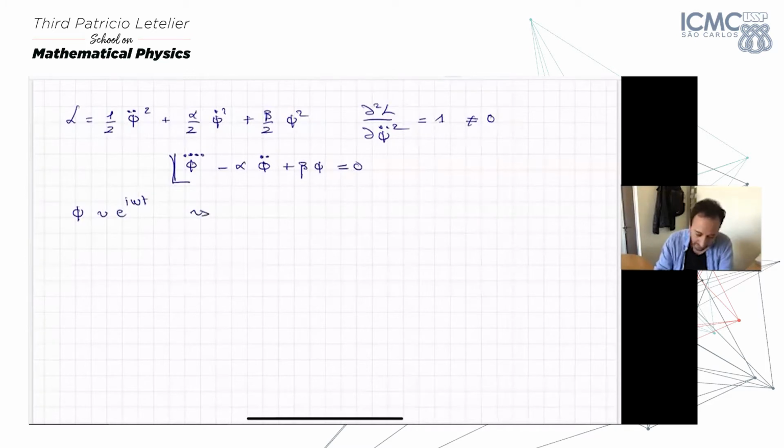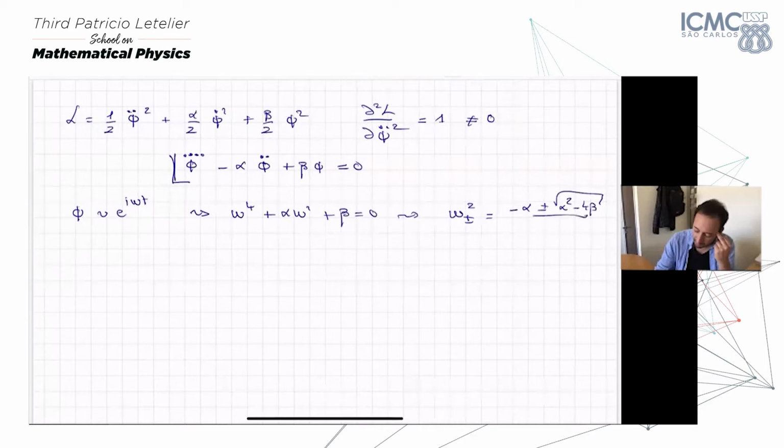Replacing in this equation gives omega to the 4 plus alpha omega squared plus beta equal to 0. We search for the solution of this equation, and we find that there are 4 solutions, which are minus alpha plus or minus the discriminant, which is alpha squared minus 4 beta, divided by 2.